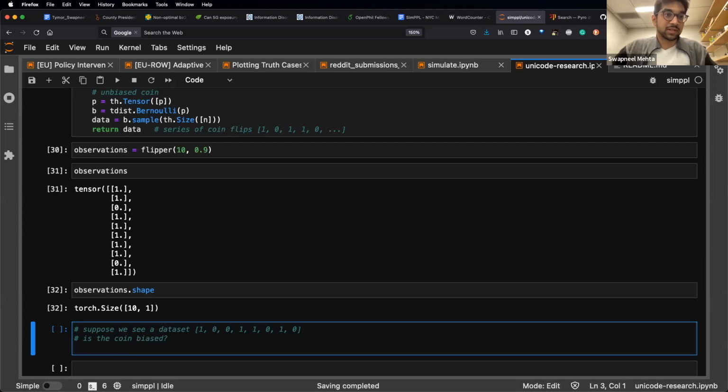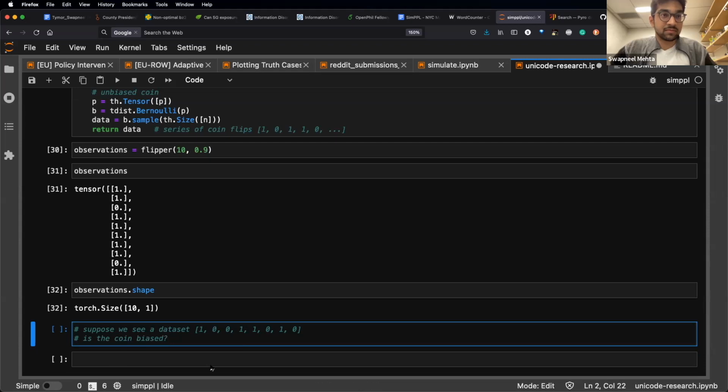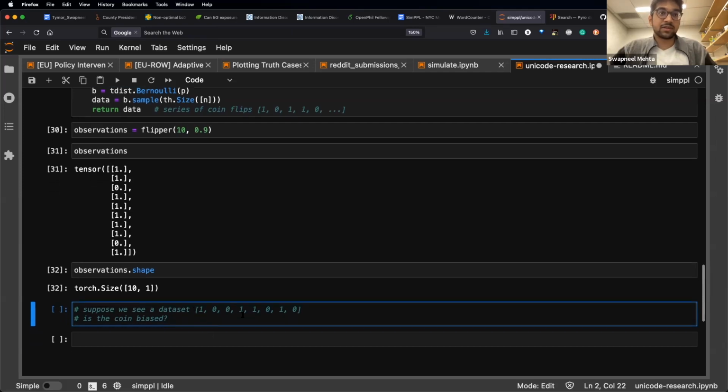Can someone answer this question for me? This is open to anyone. Suppose you see a data set 1001, 1010. This is a set of 8 coin flips. And the question is, is the coin biased?